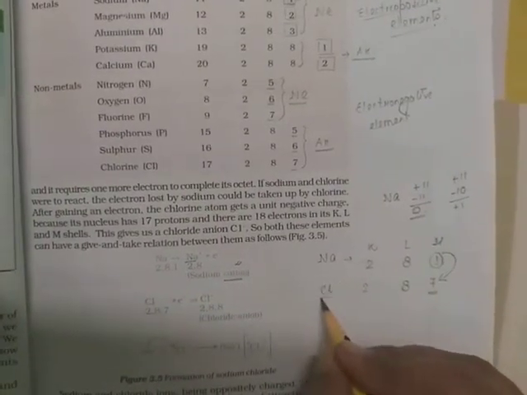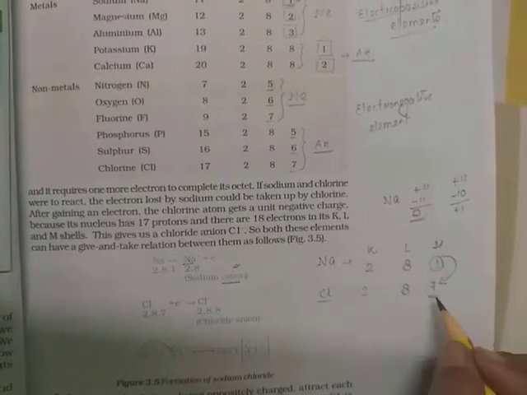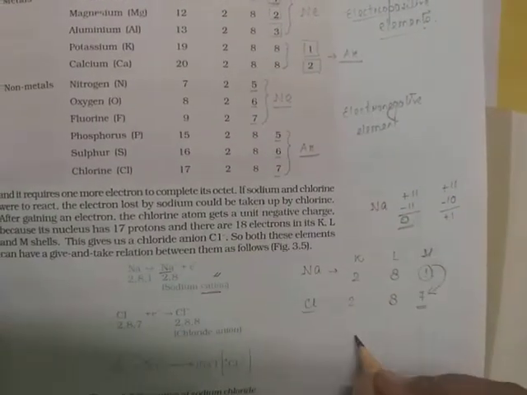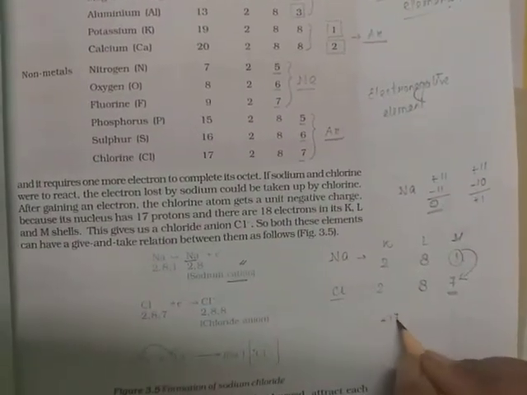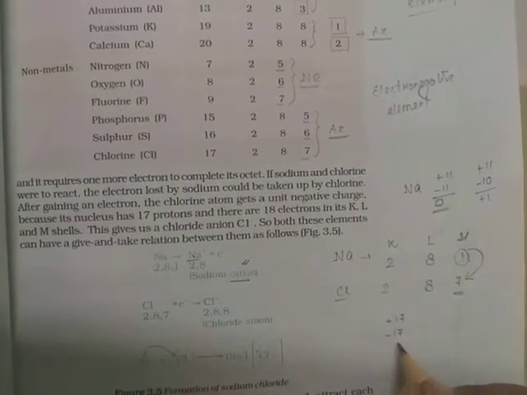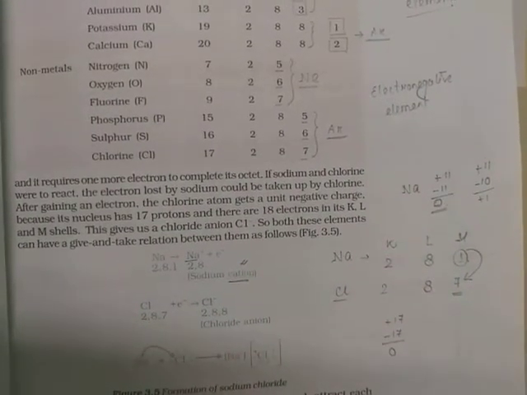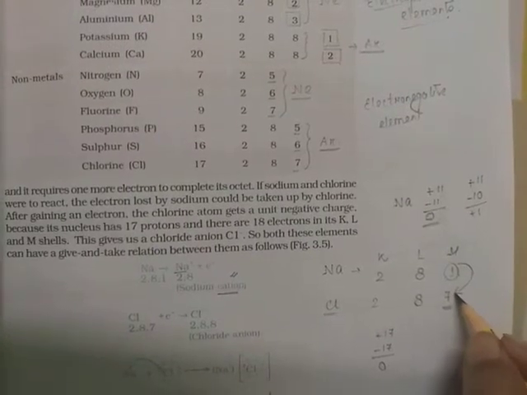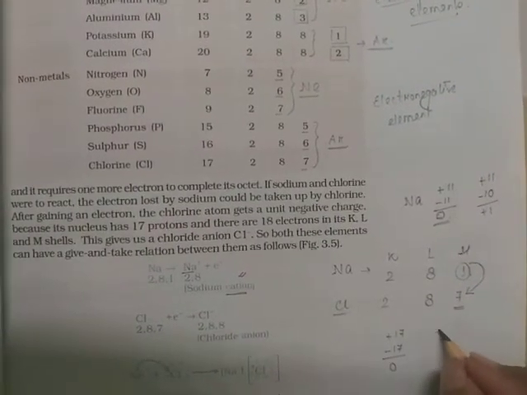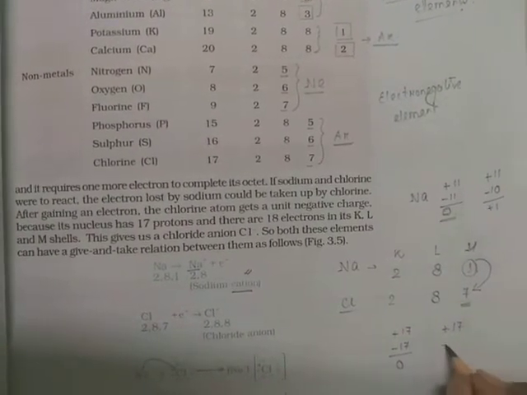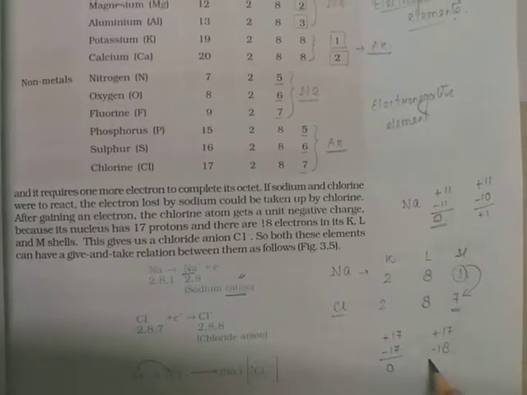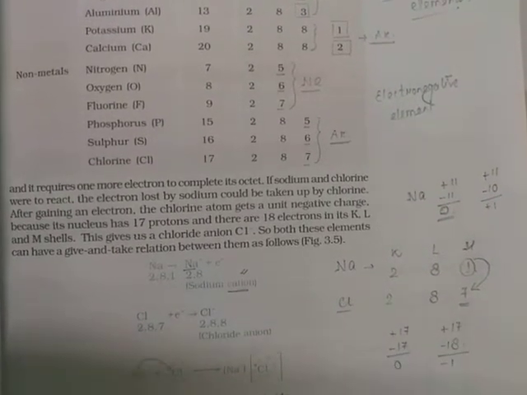In doing so, the acceptance of electron, chlorine, which was having a charge of plus 17 for protons and minus 17 for electrons, the net charge is 0. When one electron is gained by chlorine, it still has a positive charge of plus 17 but a negative charge of minus 18. Thereby the net charge is minus 1.